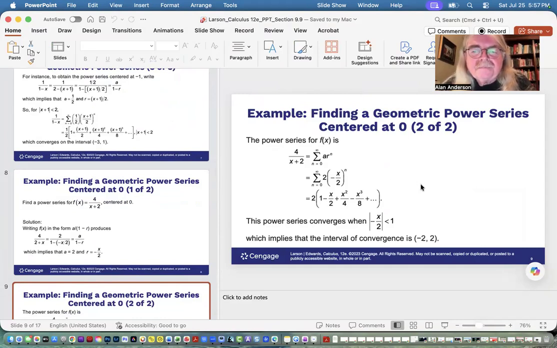And so it appears to be converging because we're adding and subtracting, and as long as negative x over 2 is less than 1 in absolute value, we have convergence to a specific sum. And so even though it's strictly less than 1, 2 is the radius of convergence. Out here, this 2 we factored out, and the center is 0.